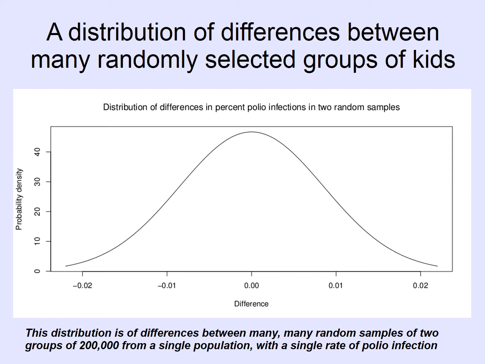So this null distribution, this distribution that should happen under random chance alone, should center on 0, and it does. And of course, notice it's a probability density now because I'm talking about a sampling distribution.